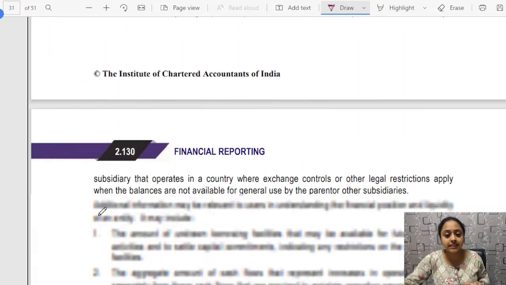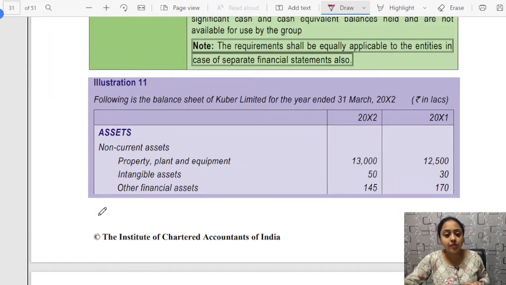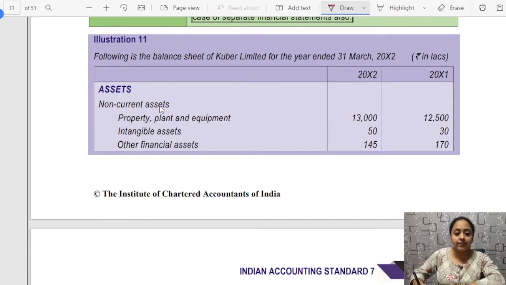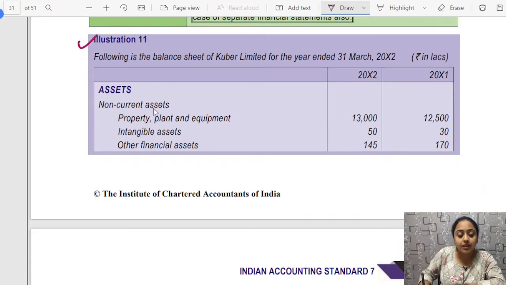Next, illustration number 11. Following is the balance sheet of Kuber Limited for the year ended 31st March 2022. Figures for 2021 and 2022 are given. Non-current asset, property, plant and equipment, 12,500, 13,000.